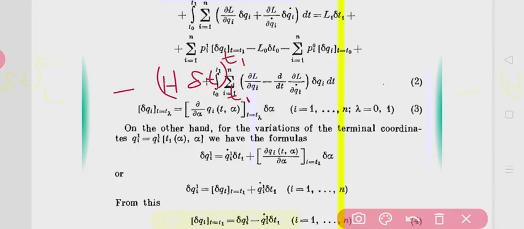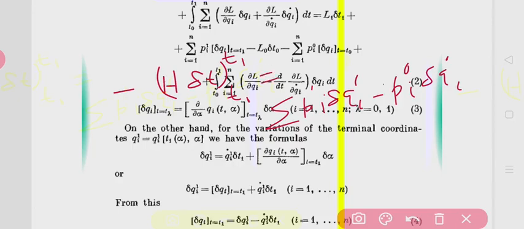But we also have the summation value. You also have this one, summation p_i delta q_i1, which I have written here p_i1 delta q_i1 minus p_i naught delta q_i naught. So when these terms are here, you collect them with each other. If I open this thing, that was minus H1 delta t1 and plus H naught delta t naught.